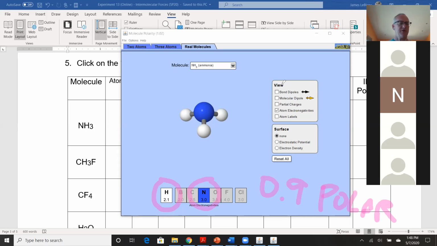Toward the nitrogen or away from the nitrogen? Toward, right, because a dipole always points toward the more negatively charged atom, and away from the more positively charged atom. That's why we have this little positive part here. So let's click on the dipoles.